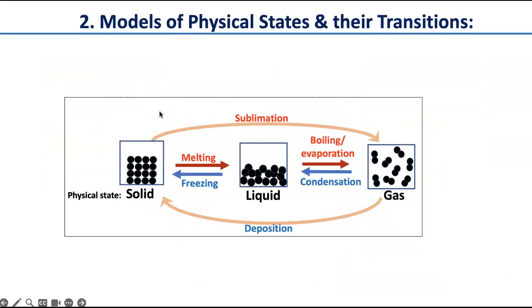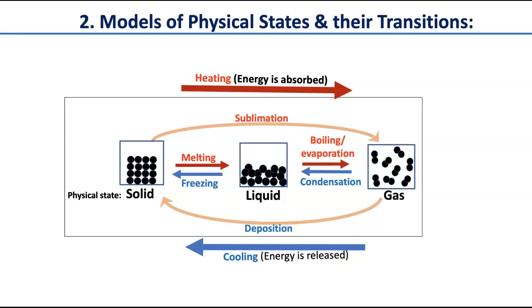Now, I gave you this figure. You need to paste this in your notes. So here are the transition states between solid and liquid. The transition state is melting. And when you heat the liquid some more, you turn into gas state, boiling and evaporation.